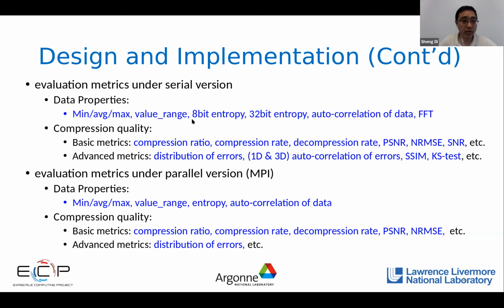For example, for the data properties, you can use the checker to calculate the 8-bit entropy, 32-bit entropy, autocorrelation of the data, FFT, and so on. And for the compression results, you can get the compression ratio, compression speed, decompression speed, PSNR, SSIM, and different metrics. And we also have the MPI version for all of these metrics calculation algorithms.